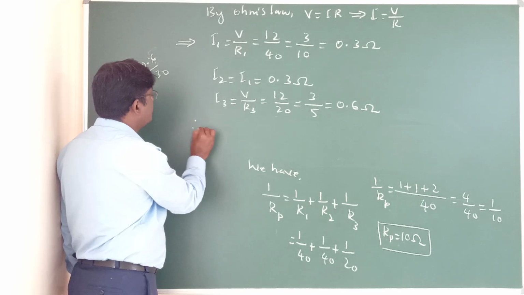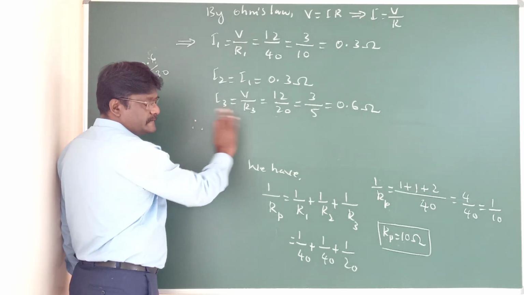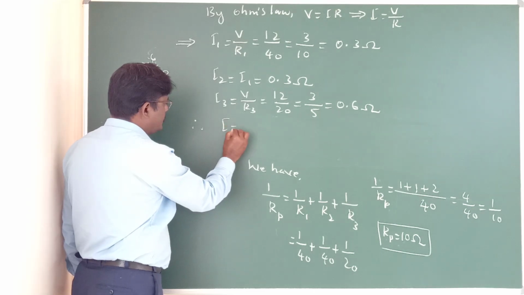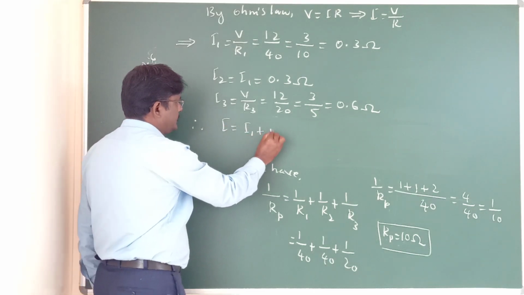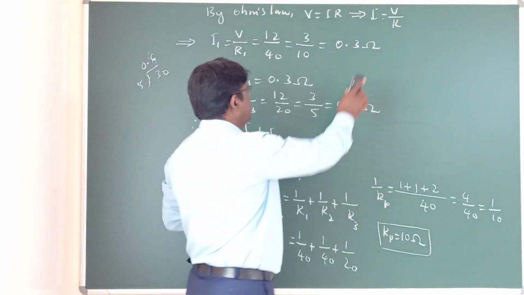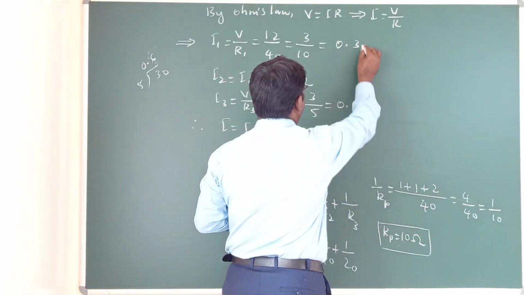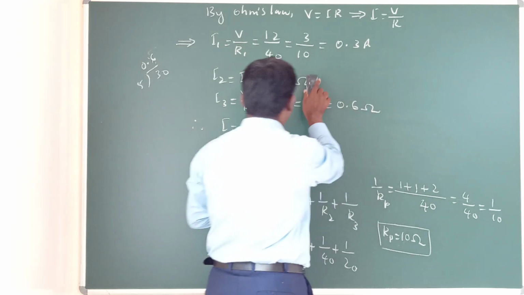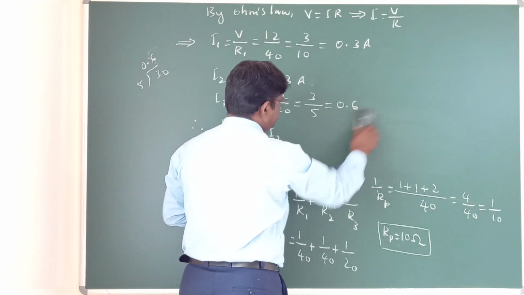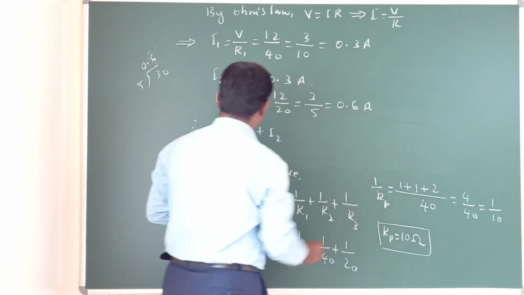Next it is asked, the total current. Now the total current through the entire circuit, I equals I1 plus I2 plus I3. Sorry, what is the SI unit of I? It is ampere, not ohm, amperes.